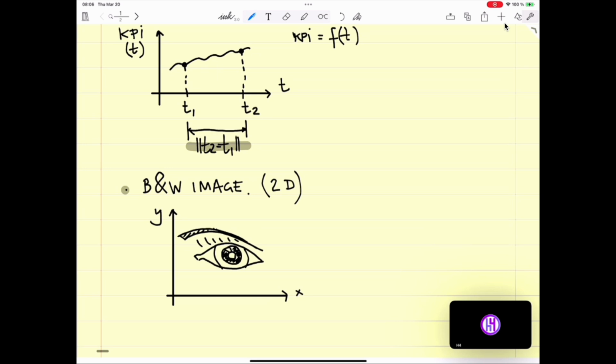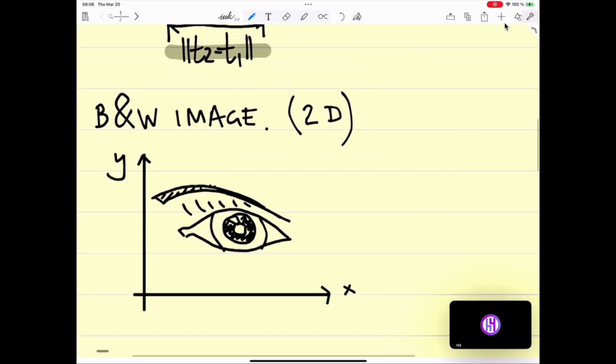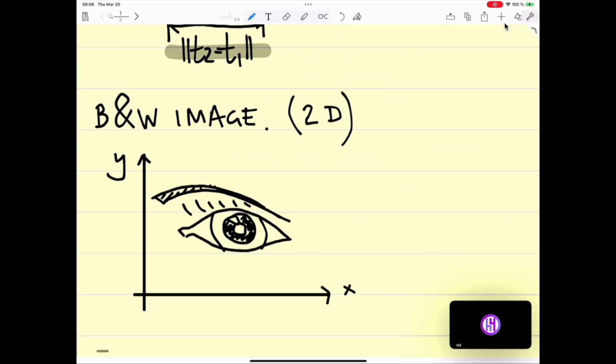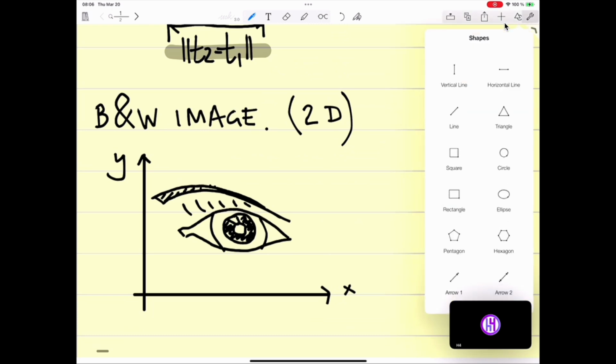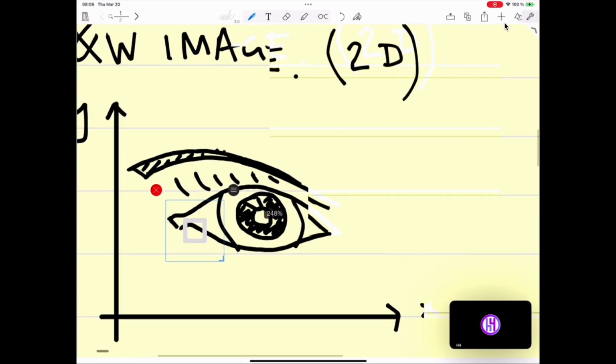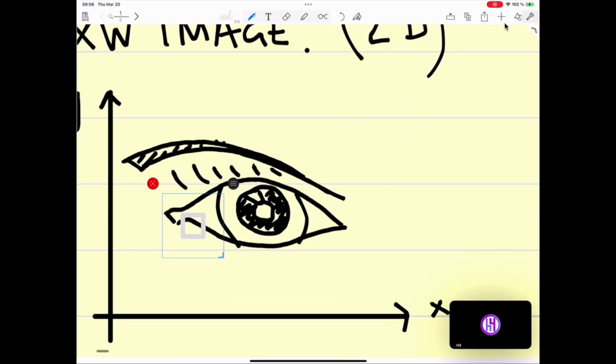The reason why this is Euclidean is because this image is created by pixels. Pixels are little units, little points in space, in this space of the image.